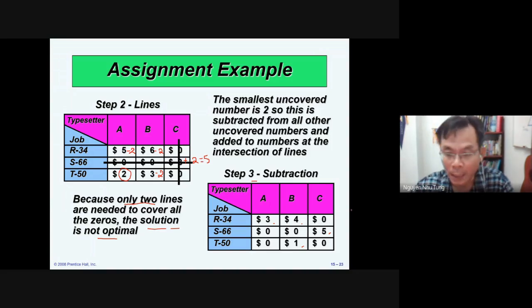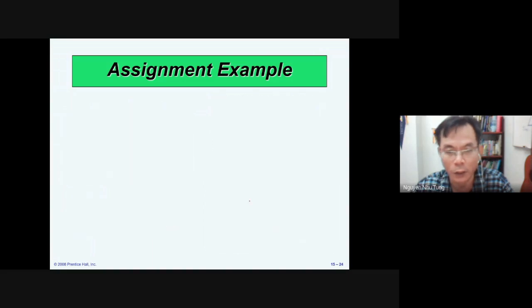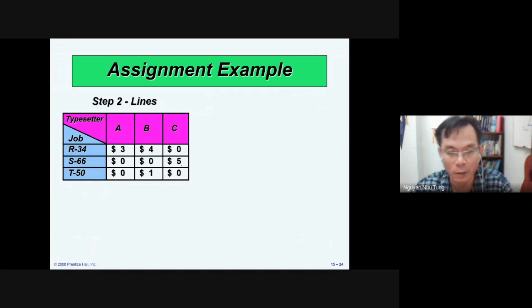After you have done this step, you check the solution optimality again by using lines to cross the zeros. Again, remember that you use the smallest number of lines to cross all of the zeros. So select the column with 2 zeros or more.